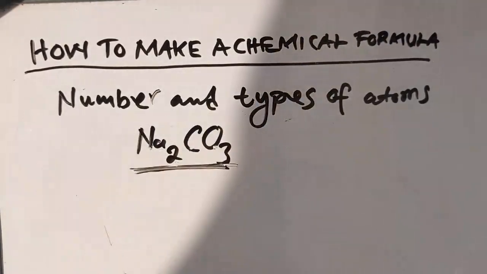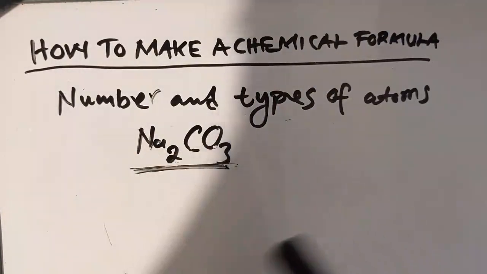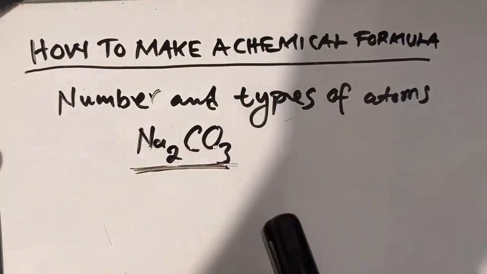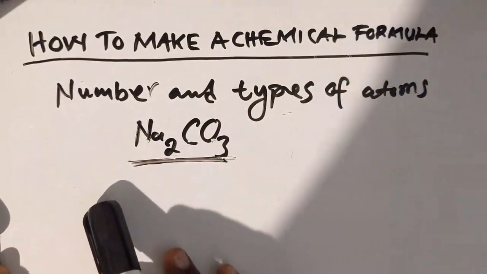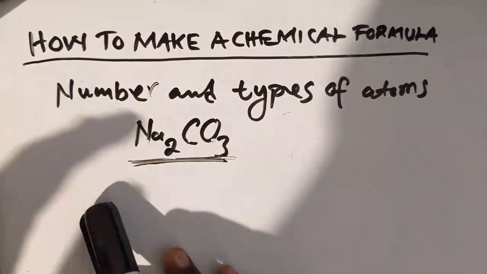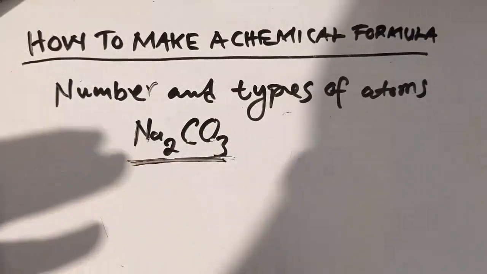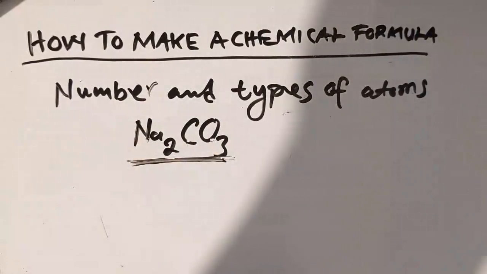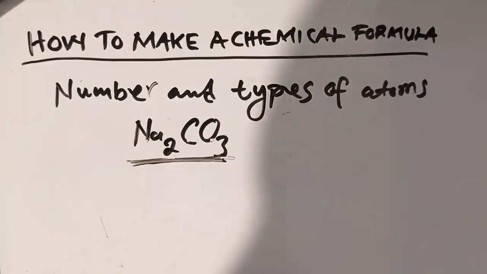So a chemical formula is a representation of the number and types of atoms present in a compound. That is what you need to know about the definition of a chemical formula. Make sure that you understand what I'm talking about here.